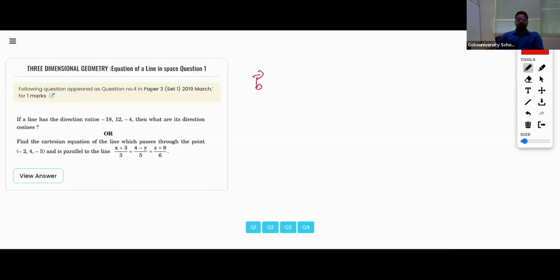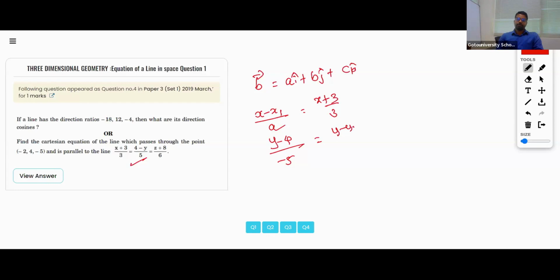It's a lengthy question, okay, but an easy one. So I have to find A, B, C from this equation. If you look at this, x plus 3 by 3, y minus 4 by minus 5, and z plus 8 by 6.